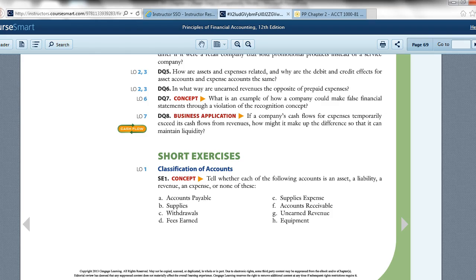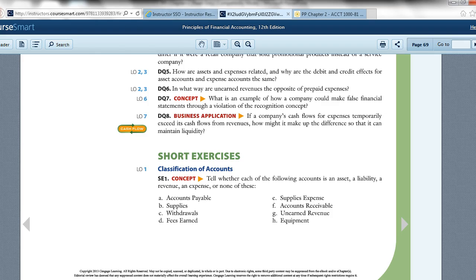Tell whether each of the following accounts is an asset, a liability, a revenue, an expense, or none of these. Accounts payable. Who wants to take that one? Accounts payable, liability.